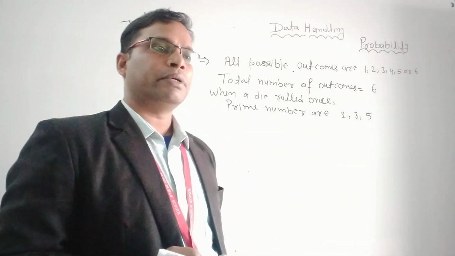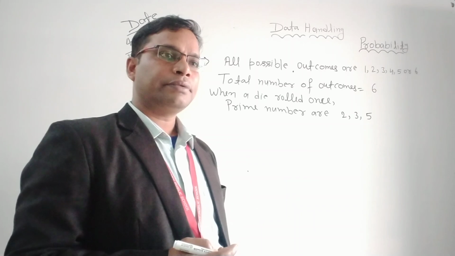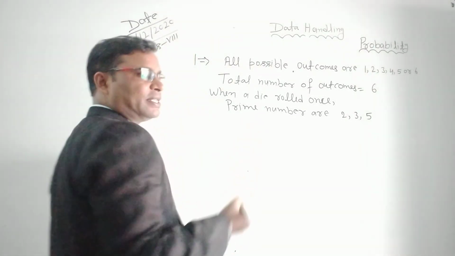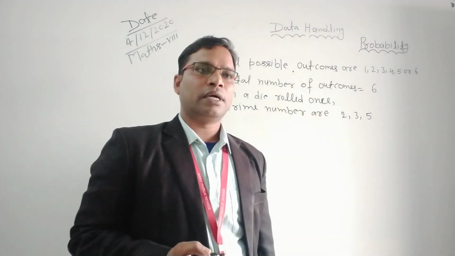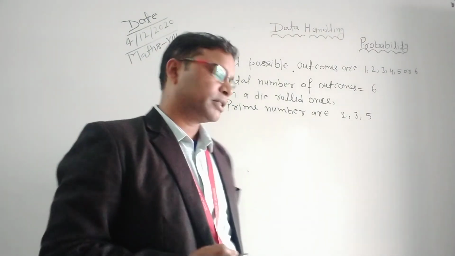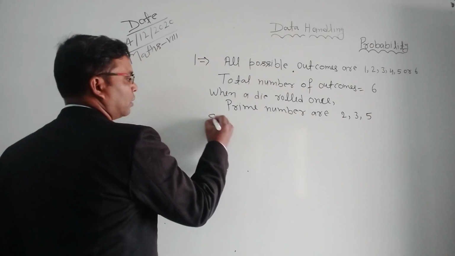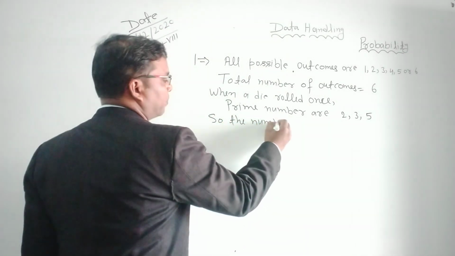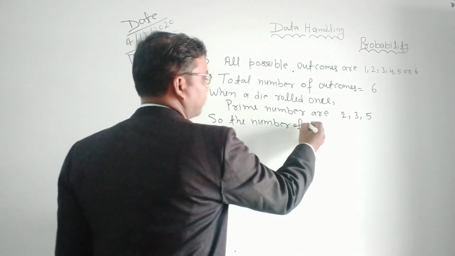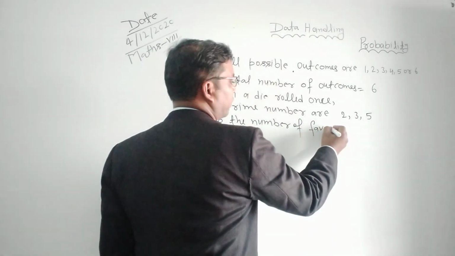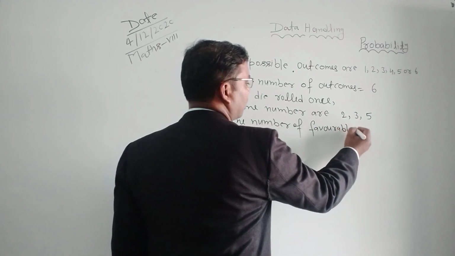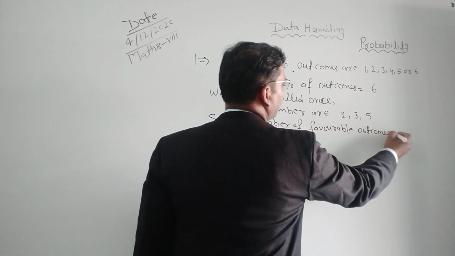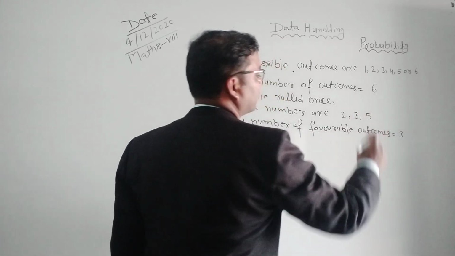So the number of prime numbers, or you can say the number of favorable outcomes, is equal to 3: 1, 2, 3.